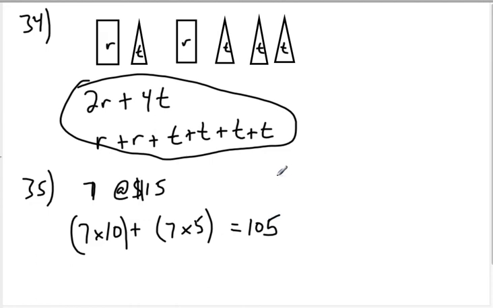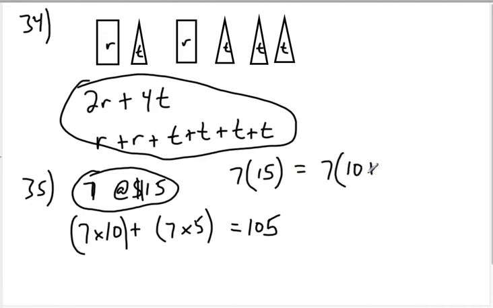Which property did Jamal use? So what he did is he took this, and changed it to look like this. He then used the distributive property to multiply and get 70 plus 35, which is 105.